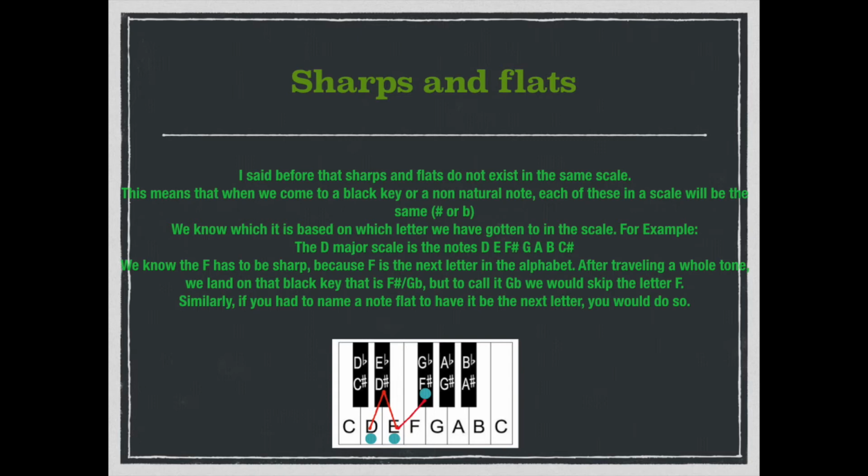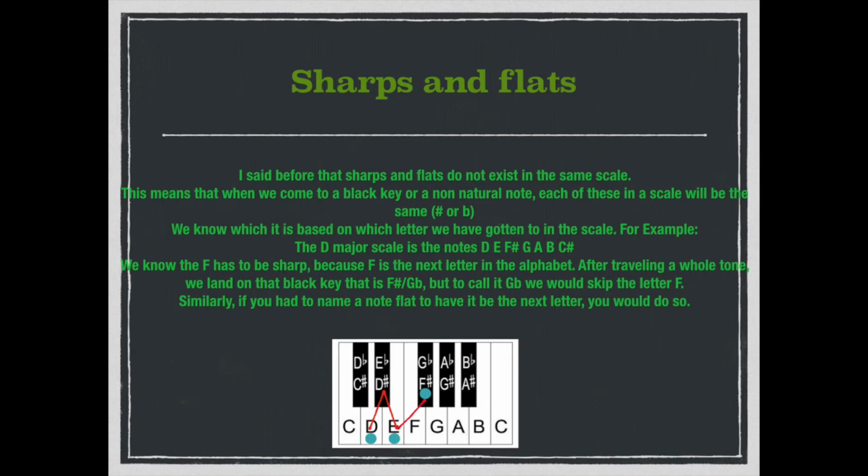After traveling a whole tone, we land on that black key that is called F sharp, G flat. You'll see that that's the third blue dot down at the bottom. We have to call it F sharp because to call it G flat would skip the letter F. And if you go back to major scale rules, you'll see that you have to have every letter, and have every letter only once.